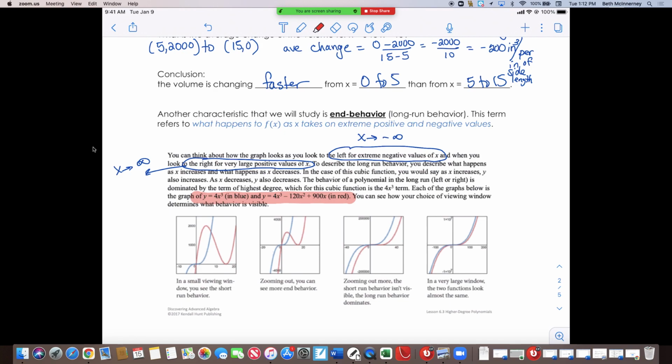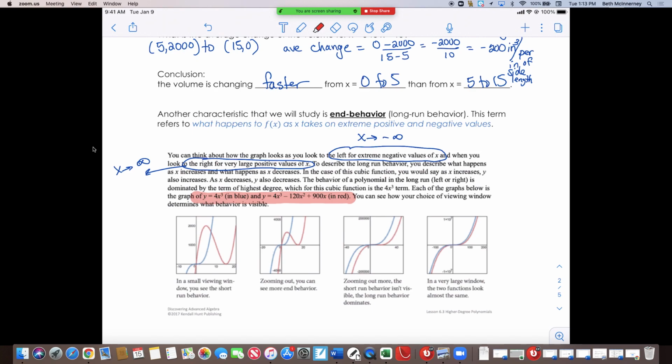Do you see that as I go left, it's going down, and as I go right, it goes up? So even though my volume formula had a wiggle in it, the long run or end behavior still does the same thing as the 4x cubed. So we can sort of ignore the middle part, and I'm only interested sometimes in just what's happening in the long run.